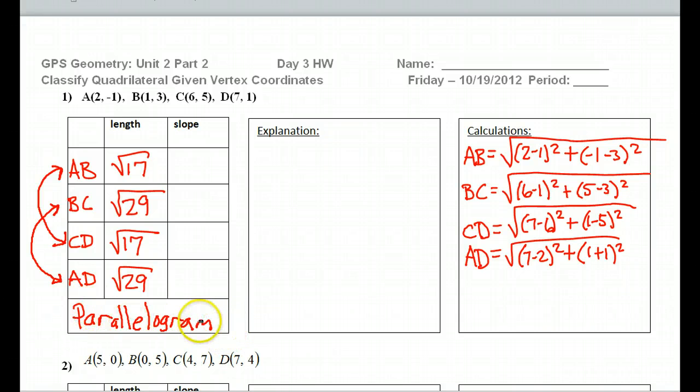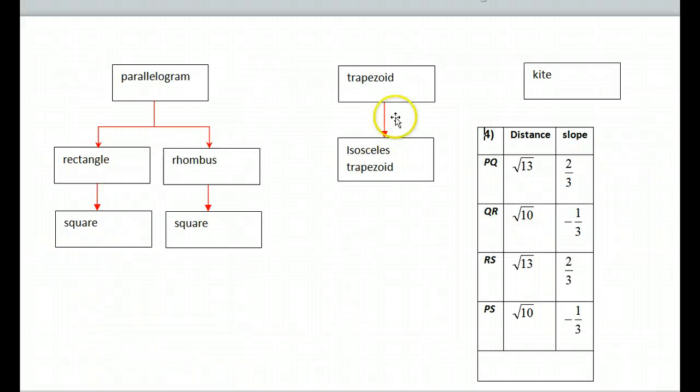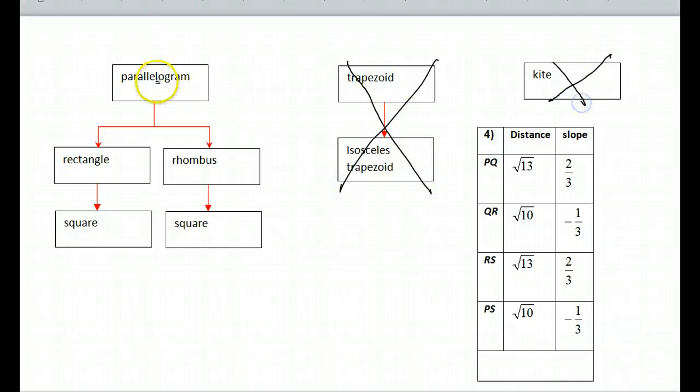The reason why I'm not done is that it's possible that I can be more specific. Maybe this is a rectangle. So I know this thing is not a trapezoid, and I know it's not a kite. It's going to be some kind of parallelogram.